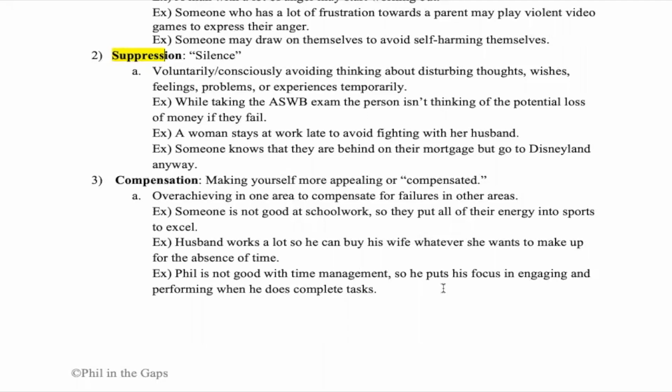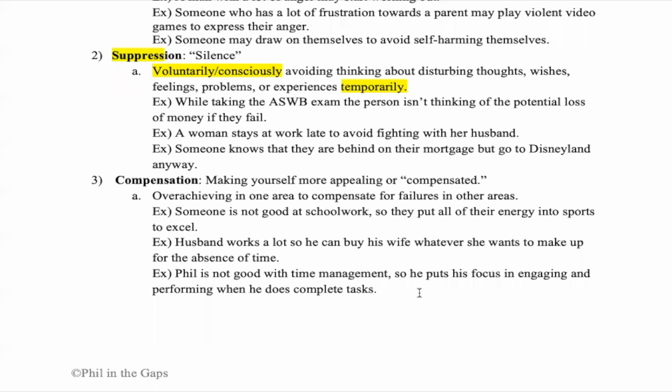or consciously, avoiding thinking about disturbing thoughts, wishes, feelings, problems, or experiences temporarily. That is going to be the key difference here, that it's voluntary or conscious, as well as for a temporary segment of time.